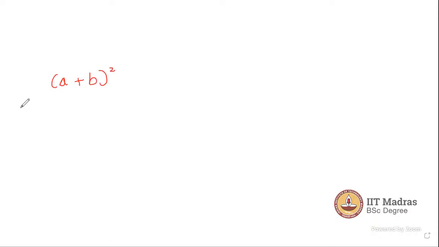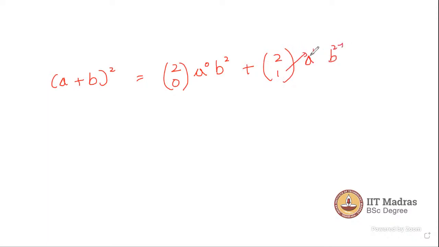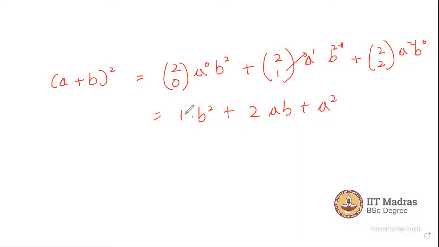For that we do 2C0 a to the 0, b to the 2, plus 2C1, and here it's 2 minus this thing, plus 2C2 a square b to the 0, right? Let's just open it: 1 times b square plus 2ab plus a square, right? That's the formula for a plus b whole square, right?